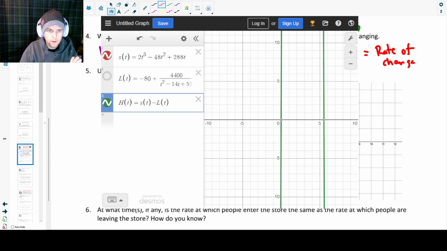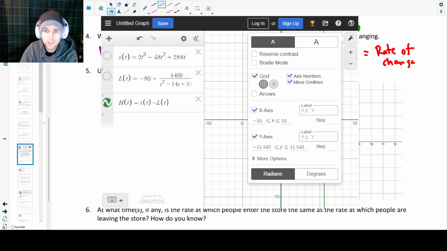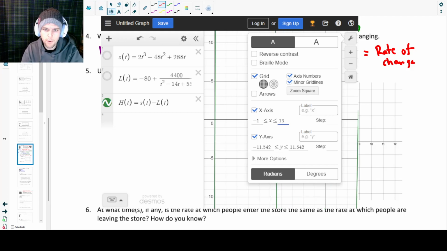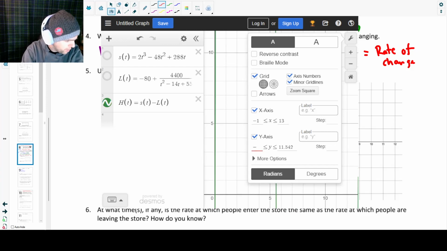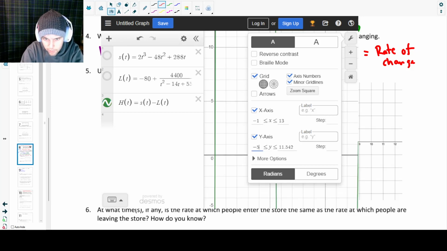Okay, and I'll go ahead and hide these other ones, and we want to make our viewing window match that which is on our page there. So if I take a look at it, our x values need to go from 0 to 12. I'll overshoot that a little bit and go from -1 to 13, again, because our hours are going from 0 to 12. And then our y values, it has them going from -400 to +400.